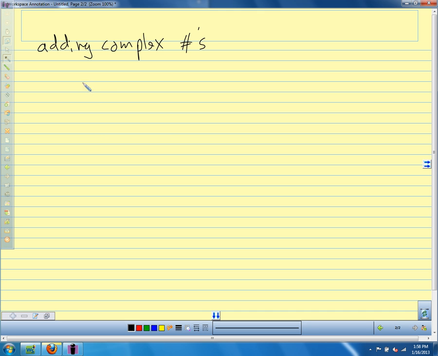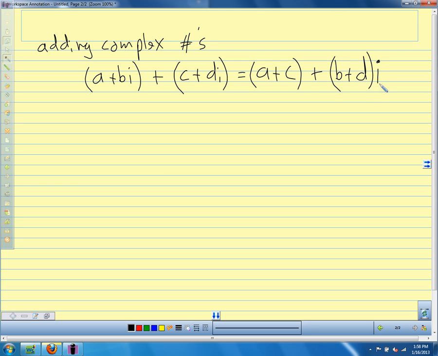So if we write in general a plus bi, and we're adding c plus di, we have these two complex numbers. That's going to be a plus c as our real part. We add those two parts together, plus, and then we add the imaginary parts, b plus d, and that's going to be our new imaginary part.